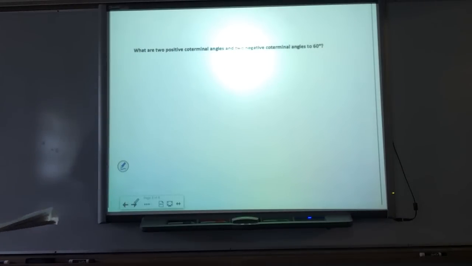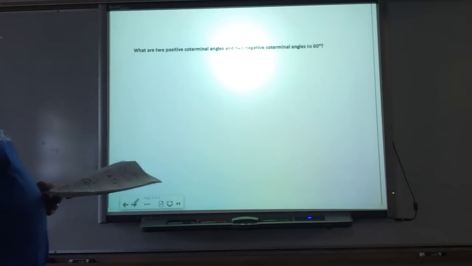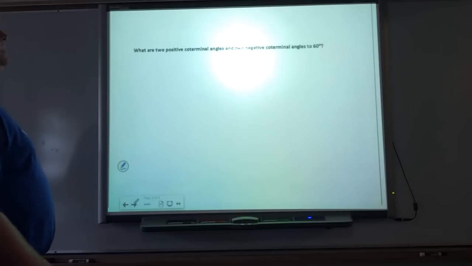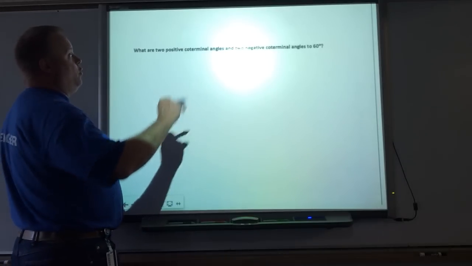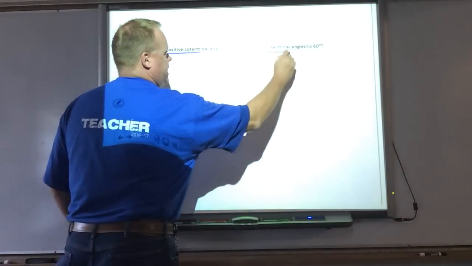What are two positive coterminal angles and two negative coterminal angles to 60 degrees? Let's think about this. I need a total of four, because it asks for two positive and two negative.